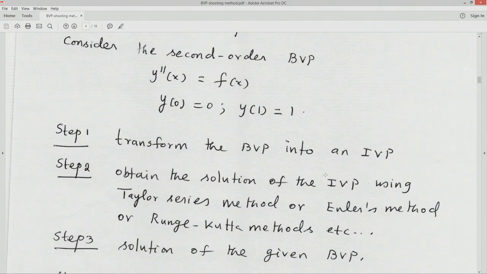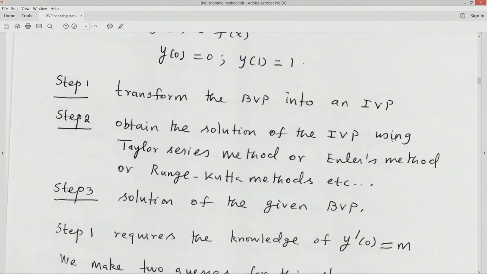So, we consider the second order boundary value problem y double prime x is equal to f of x, y of 0 is 0 and y of 1 is 1. So, the differential equation is defined in the closed interval 0 to 1. What is our step 1? We have to transform the boundary value problem into two initial value problems.